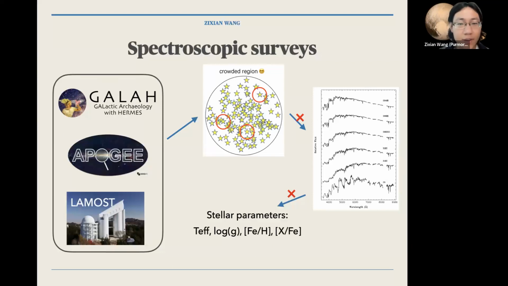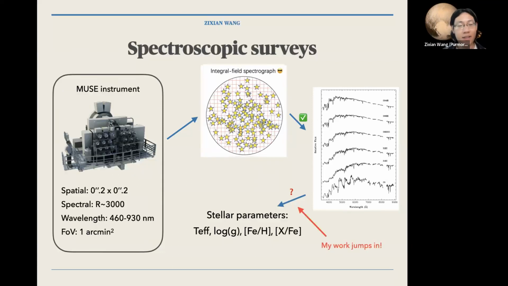Fortunately, we have MUSE, and it can help us because MUSE is an integral field spectrograph. So if I put MUSE on this observation, the image will be separated into different grids. And then you can apply some algorithm to tell, even though some stars are very close to each other, how much light in each pixel belongs to this star, how much belongs to that star, and how much belongs to that other star.